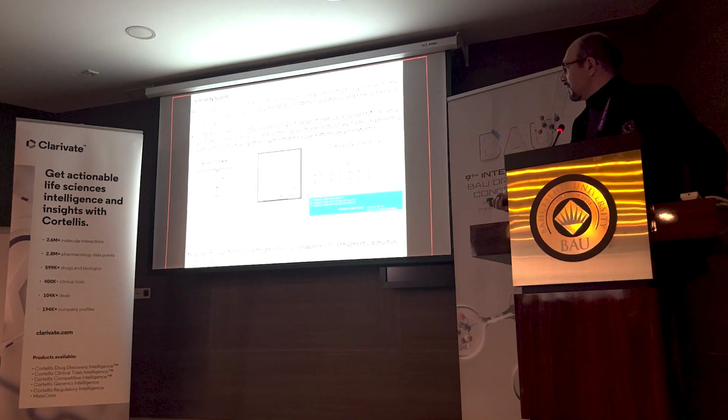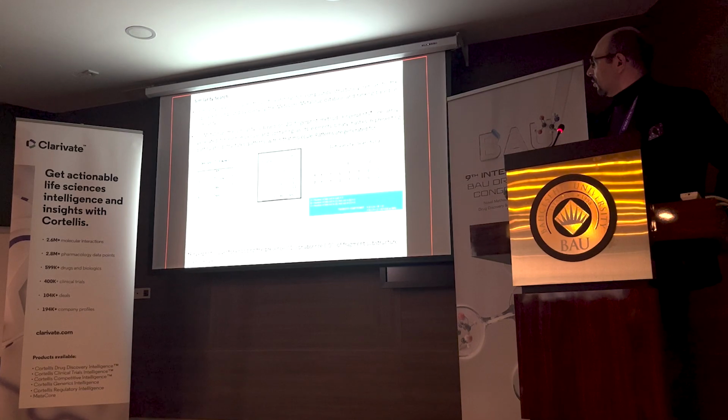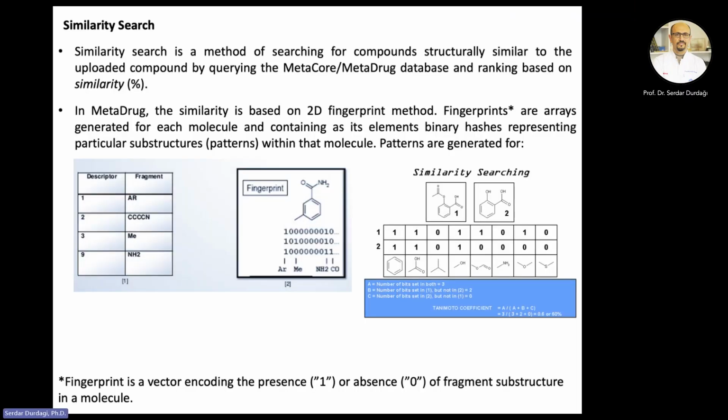Here we need to go to fingerprints. This is for the first molecule, and this is for the second molecule. It fragments the molecules and checks whether these fragments exist in the database. If a fragment exists, we put 1, and if not, we put 0, for the first and the second molecule. Then we have the Tanimoto coefficient formula.